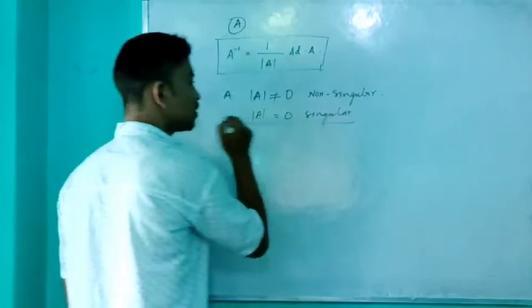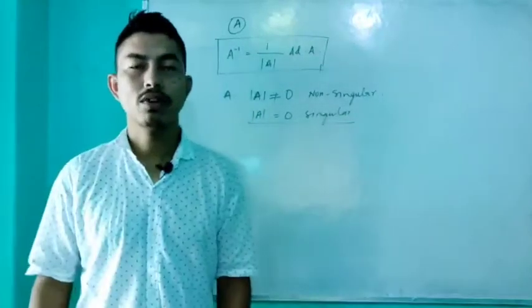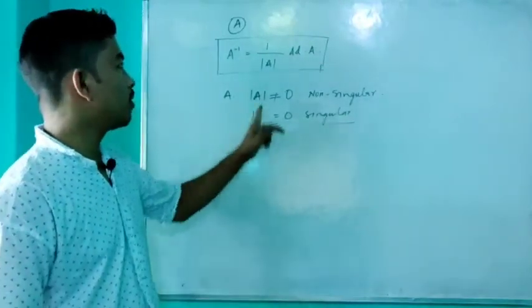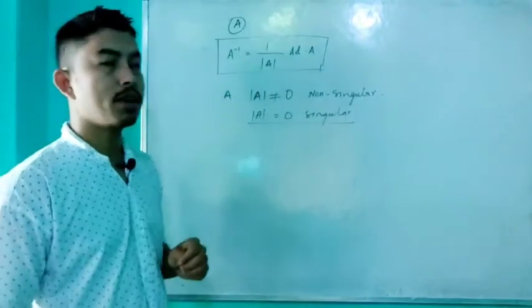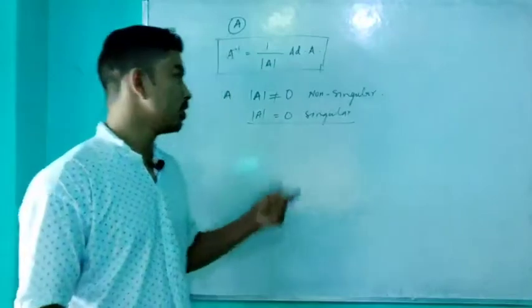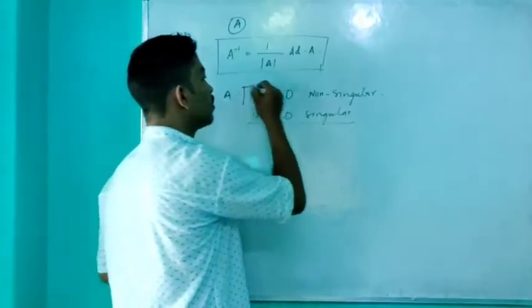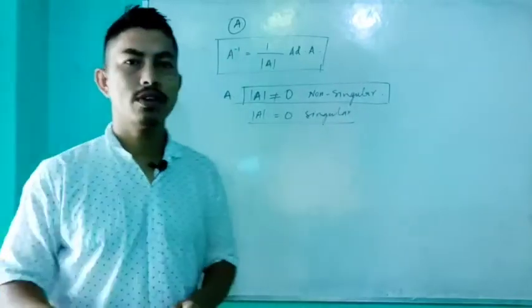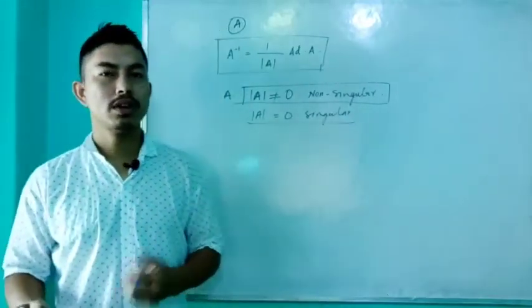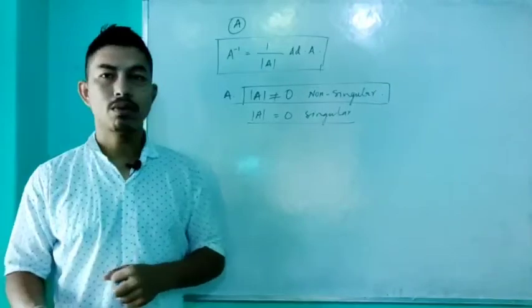If the matrix is singular, its inverse does not exist, because in the formula if I put the value of the determinant as 0, then it becomes infinity or undefined. So the inverse exists only if the matrix is non-singular, that means the value of the determinant is not equal to 0.